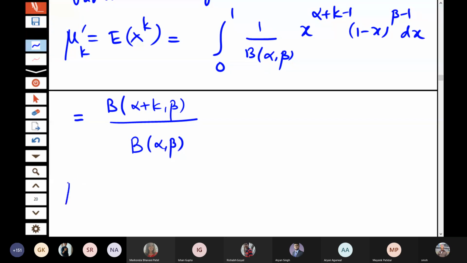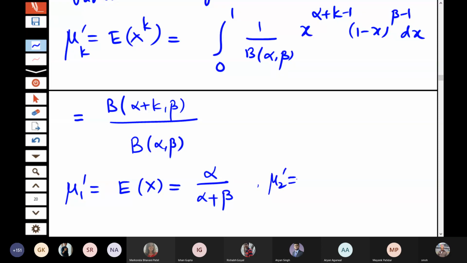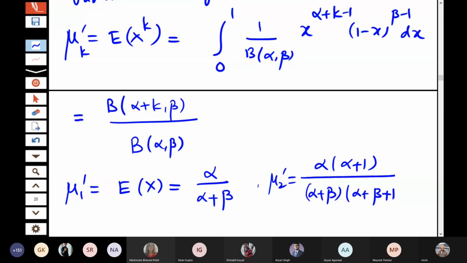So if I consider the mean here, that is the expectation of x, that becomes simply alpha divided by alpha plus beta. Similarly, you can calculate the second moment, that is alpha into alpha plus 1 divided by alpha plus beta, alpha plus beta plus 1.